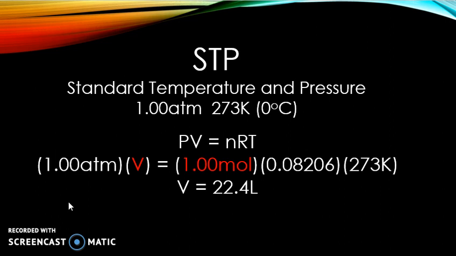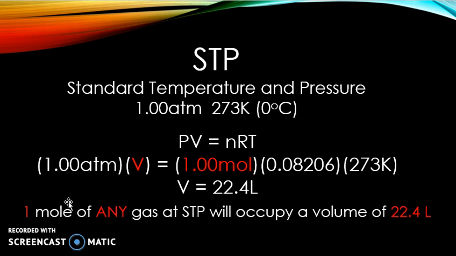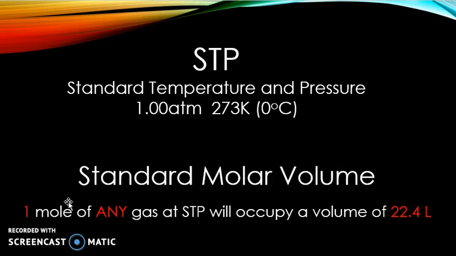Now that is a magical number for chemistry because it tells me the relationship between volume and moles under STP conditions. We call this something very special called standard molar volume. It basically tells you that 1 mole of any gas at STP will occupy that volume of 22.4 liters.